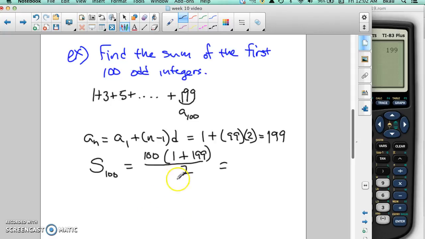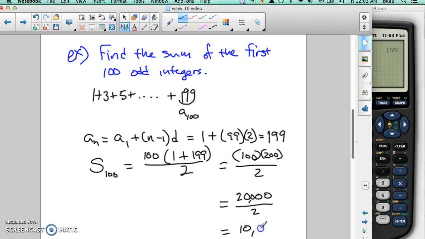We have 200 here, so it's 100 times 200 divided by 2. That's 20,000 divided by 2, so your answer is 10,000. 10,000 will be the sum of all the odd integers from 1 to 199.